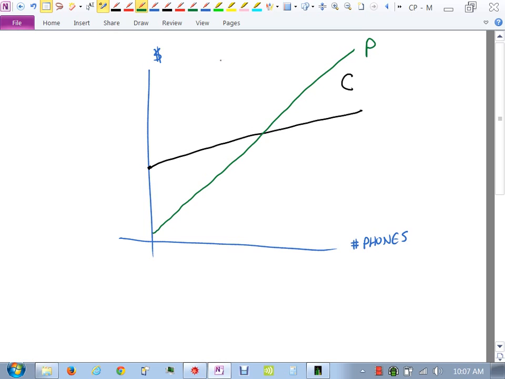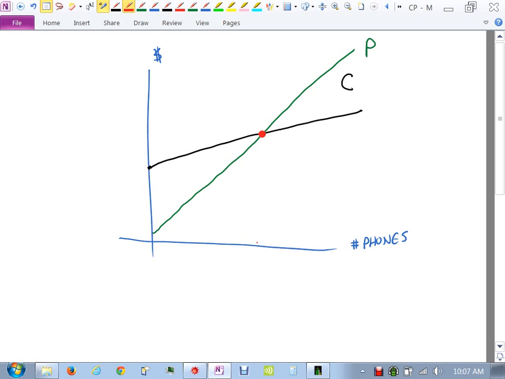Then what is this point here? Why is it significant? That's where you start making money. That's what you call your break-even point. That's the point at which it's now profitable for you to do this business.